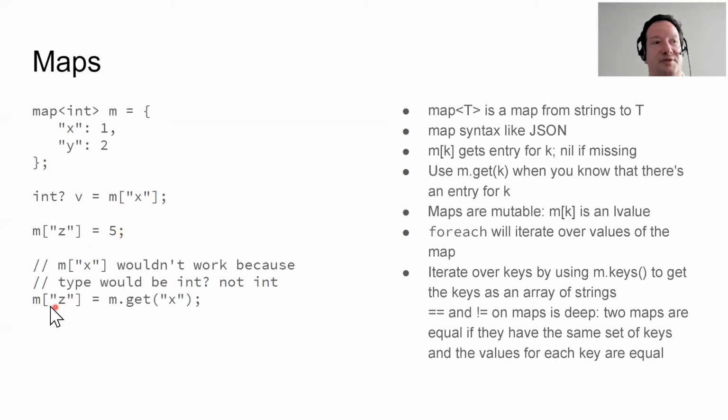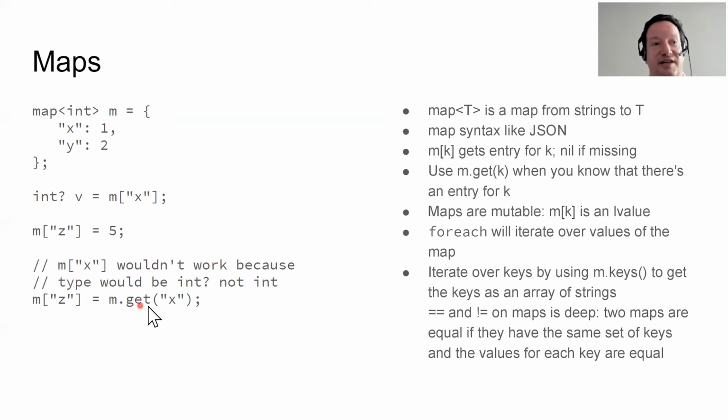Now note that if you want to assign one value to another, you can't just do mx here. If you try to use this here, you get a type error because the type of this is int question mark, but the type of the map holds ints and not nils. So this would be an error.